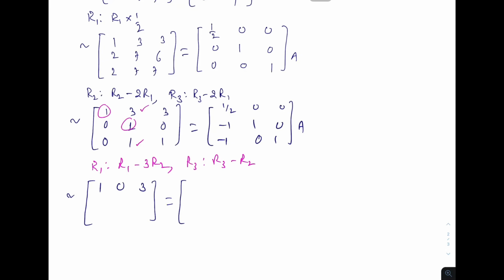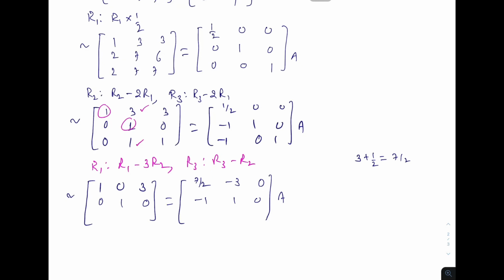So minus 3, so that will be 3, add in 1, so it is 1 by 2, so that is 7 by 2. Then here multiply with minus 3 and add here, so that will be minus 3, and then both 0, so that won't be having any problem. Second row as it is, 0 1 0 minus 1 1 0.